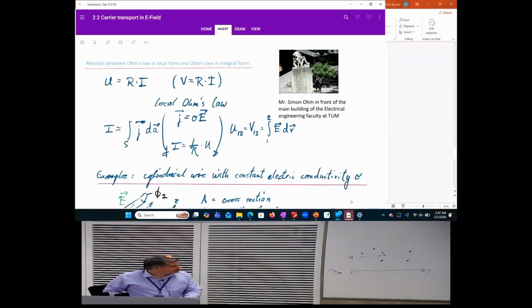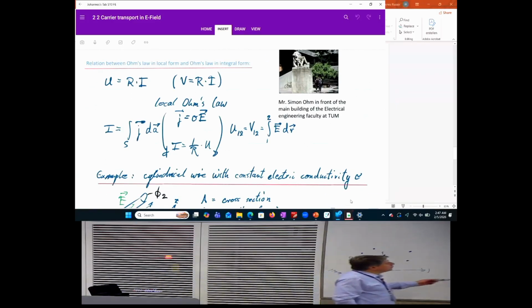And you see that this is related to Ohm's law. As you know, Ohm gives a law that the voltage over some conductor is the resistance times the current. These are integral quantities. In the end, this is a global thing that does not have any vectorial property or position property.